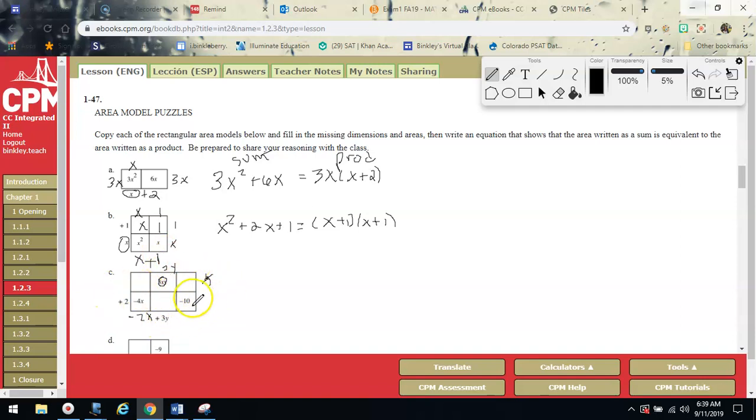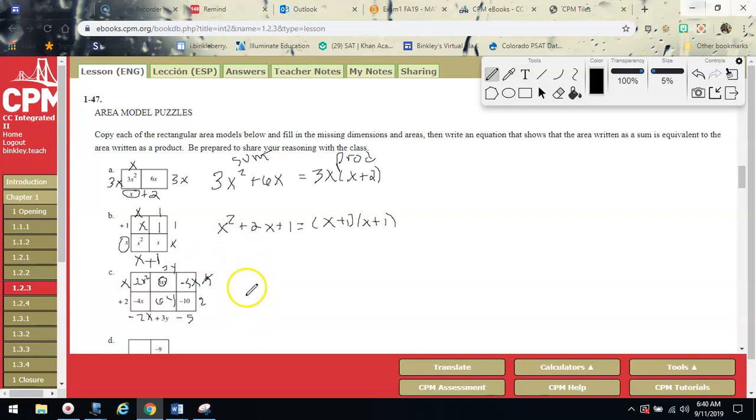Let's see, if this is 2, this side's 2. If this is negative 10, this must be negative 5. That means this is negative 5x. If this is x and this is negative 2x, this is negative 2x squared. And if this is 3y, and this is 2, this is 6y's.